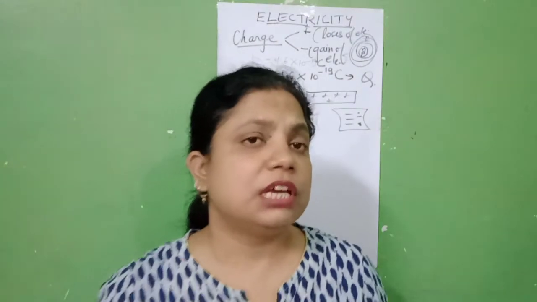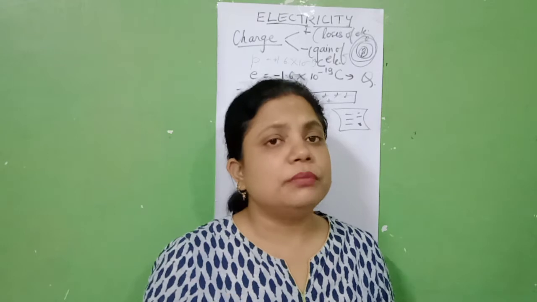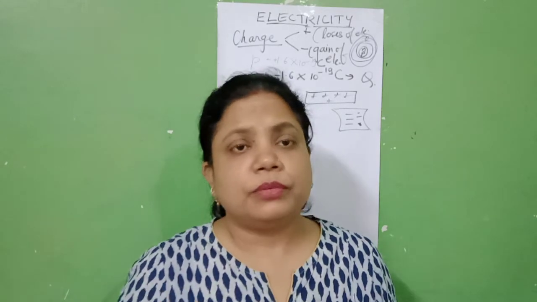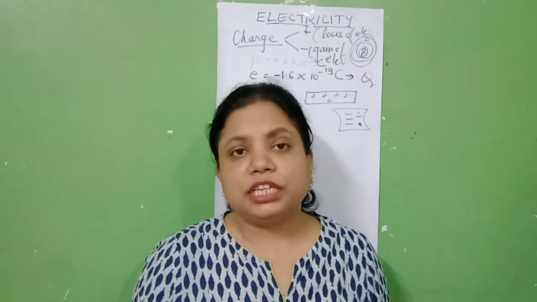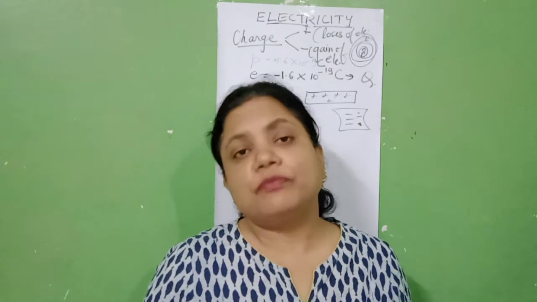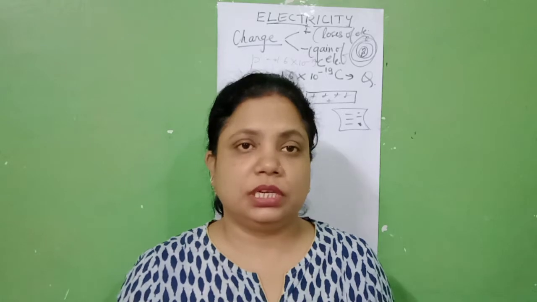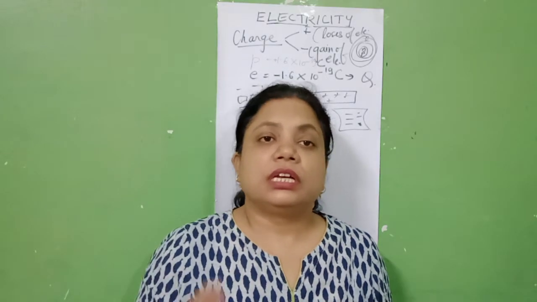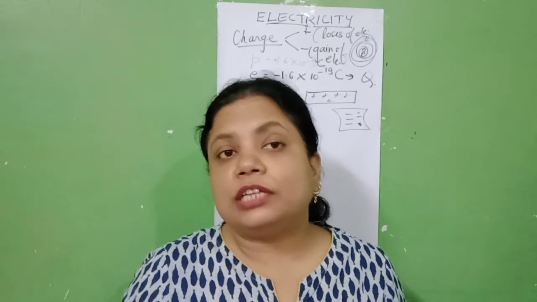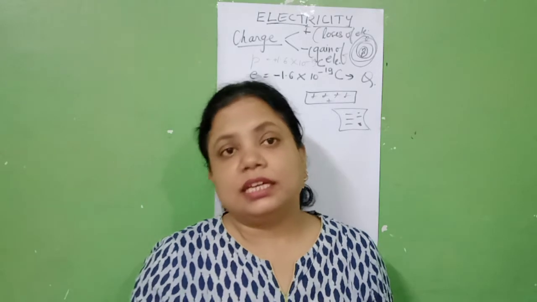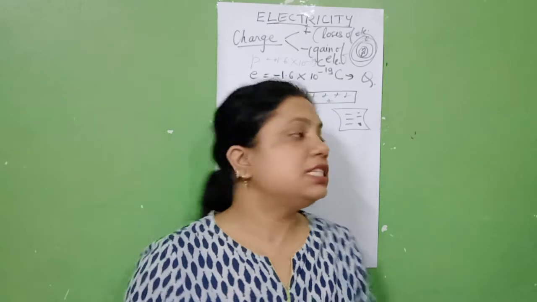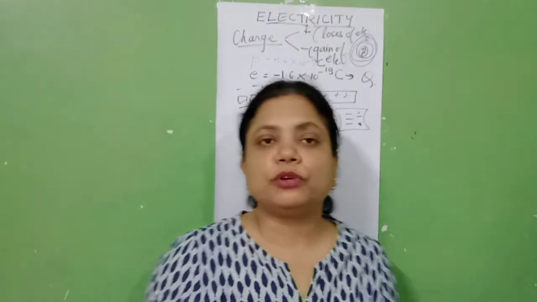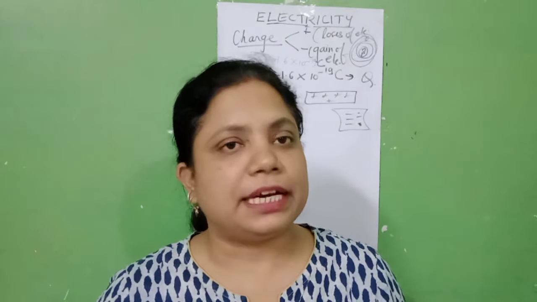But students, when we do not rub the comb, is it possible that the comb attracts the pieces of paper? It is not possible because the comb has not acquired a charge, right? It needs to be charged. So that's why charge is the fundamental property of any matter.